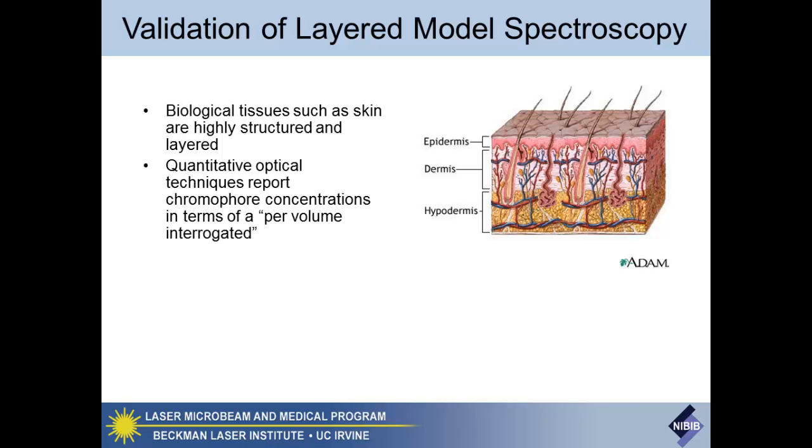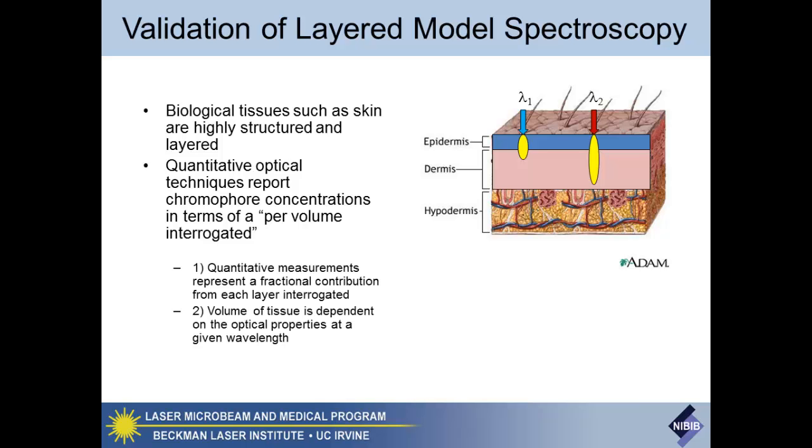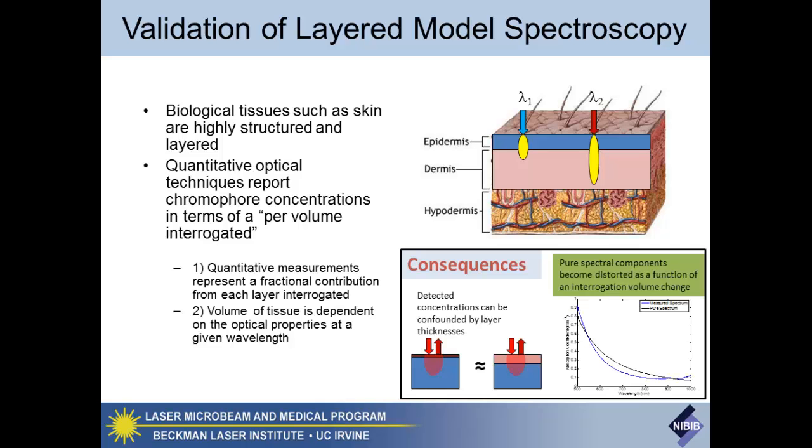Usually quantitative optical methods will report chromophore concentrations relative to the volume of tissue they interrogate. So if you have two distinct wavelengths, and you look at tissue as a simplified layer structure, you actually have different contributions of one layer's chromophores versus another. That has distinct potential consequences: you have a certain ambiguity, in a very general sense, of layer thickness versus concentration.